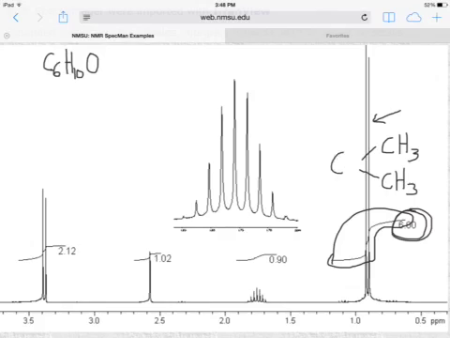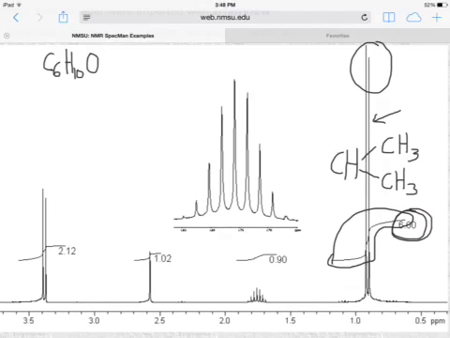The next thing we can figure out is how many hydrogens are on the carbon that both of these methyls are bonded to. And we know it's 1 because this signal from the methyls is split once. If there's a doublet, that means there's only 1 hydrogen that is doing the splitting.